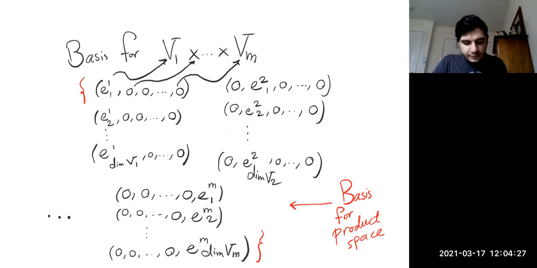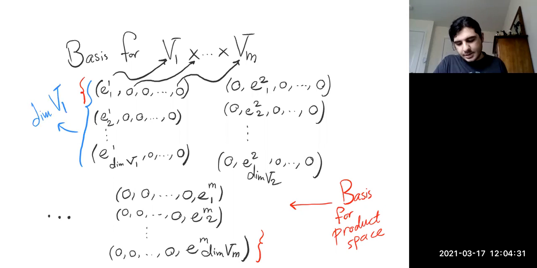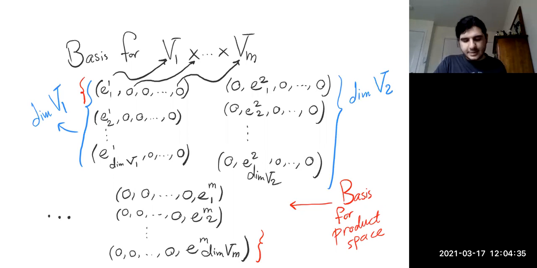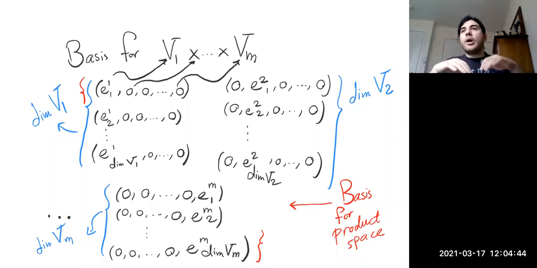Here I have dimension V1 many vectors. Here I have dimension V2 many vectors, and then dimension V3 many vectors, up to dimension Vm many vectors.